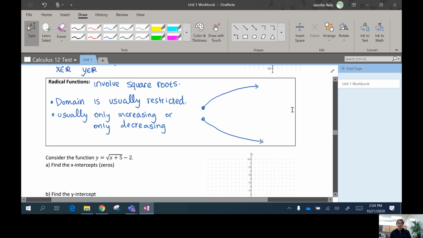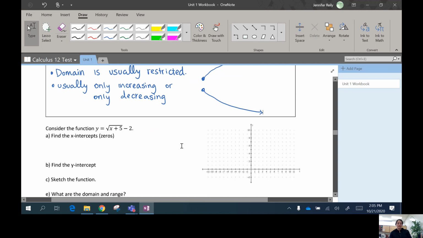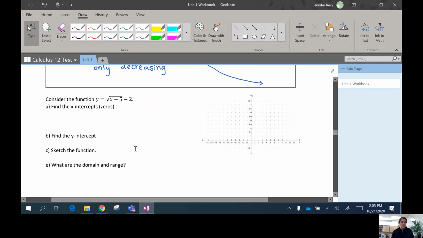So we're going to do an example. Here is a radical function, square root of x plus 5, minus 2. We are going to sketch this function and find the intercepts. So the x-intercepts, that is when the function is equal to 0. And because it's not factored or anything like the last one, you have to just solve for 0.